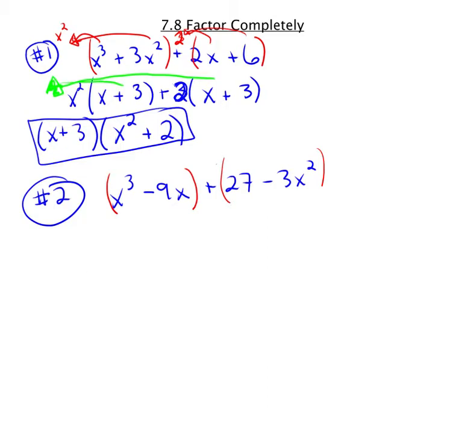going to rearrange them, kind of using my commutative property of addition to rearrange them. So I'll rewrite it. So x cubed minus 9x plus negative 3x squared plus 27.